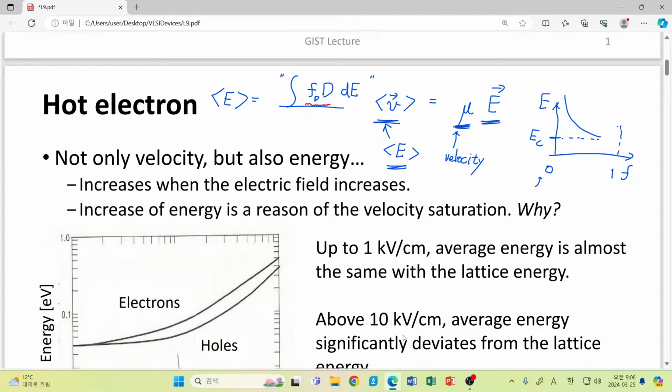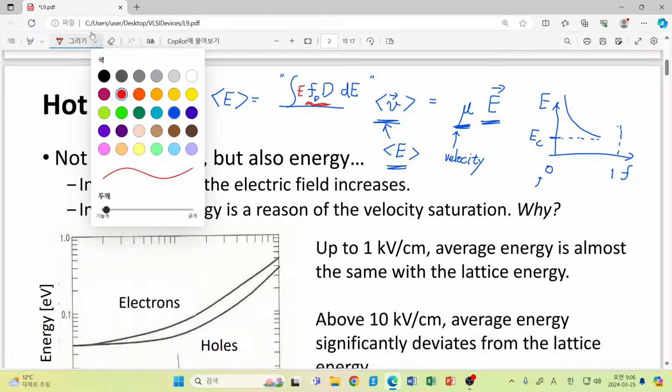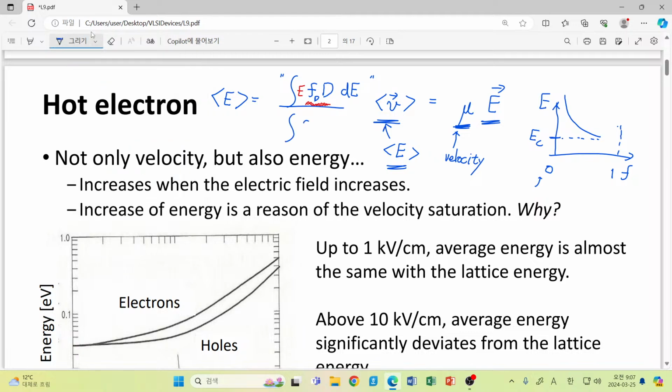But if we multiply another factor, E, energy, then it gives us how many electrons there are and what their energy is. So now we can define this kind of integration.